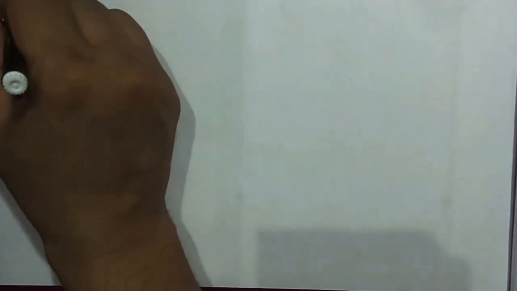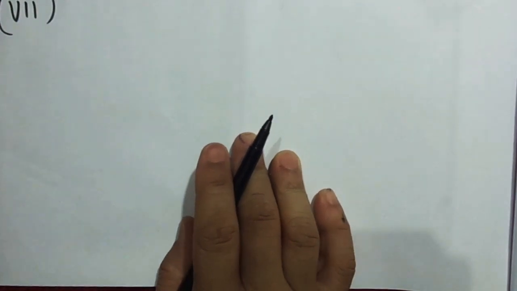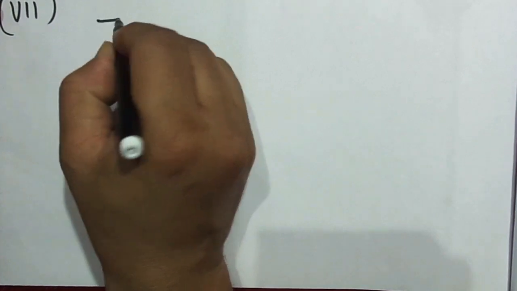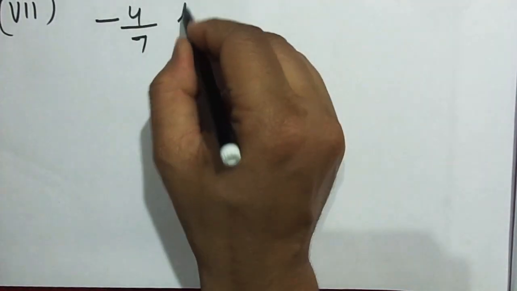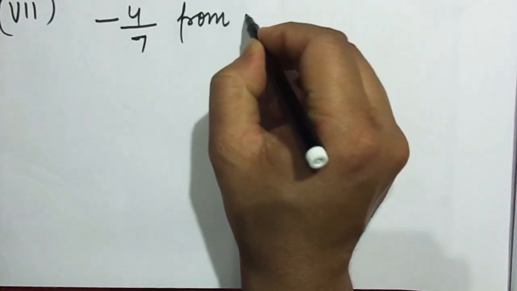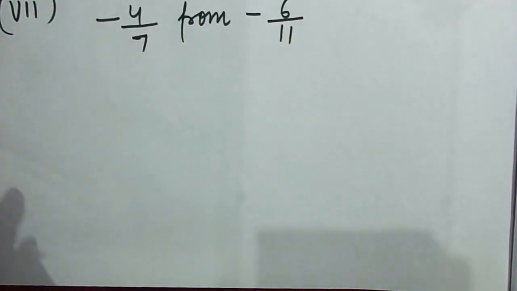Now when I come to question number 7, I find that here in question number 7 many of you might get confused to such an extent that many of you will make mistakes in the examination. Okay, why? Because both of them here have negative values.